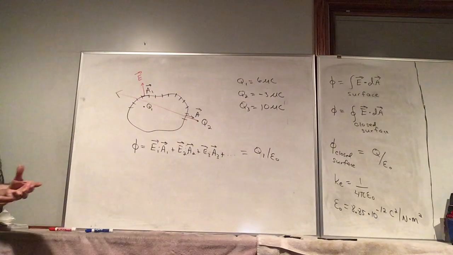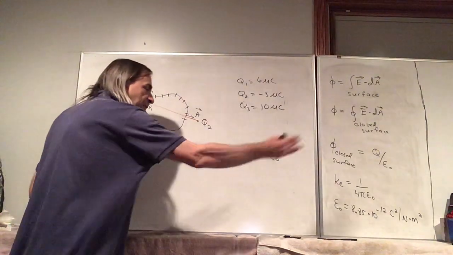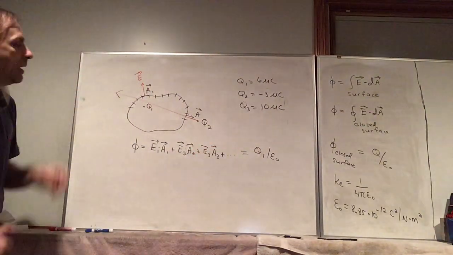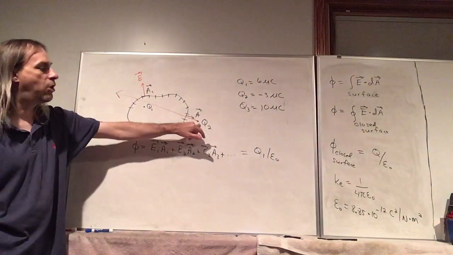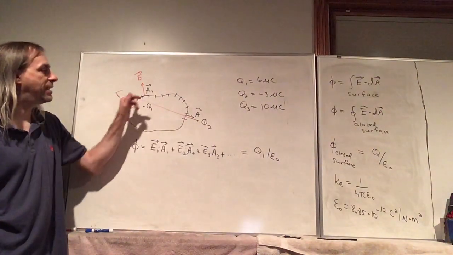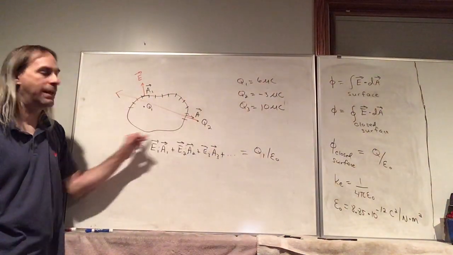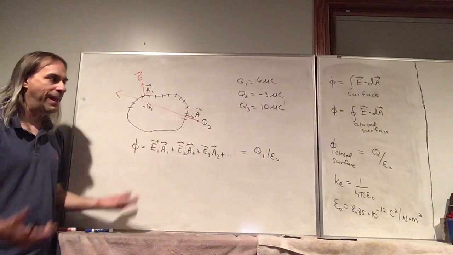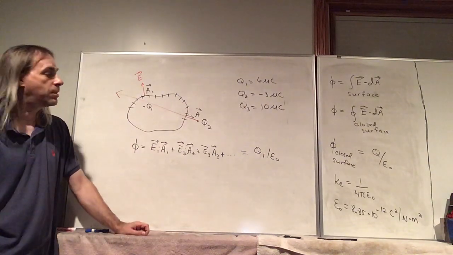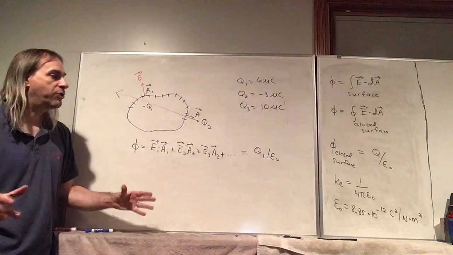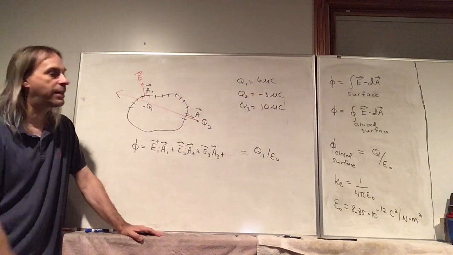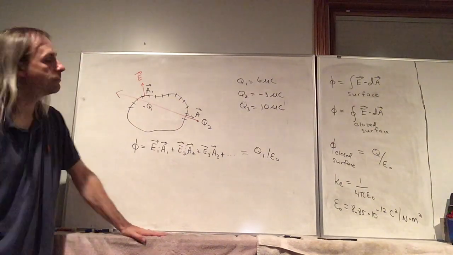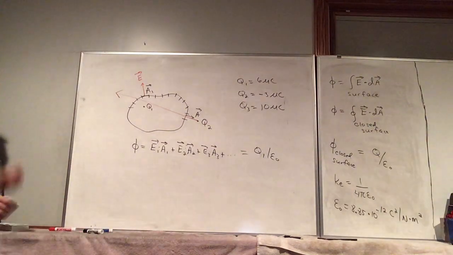And it's going to do so in a way that they just perfectly cancel each other out. So the presence of this charge outside affects the electric field everywhere on the surface, and so you would think that this would have an effect on the flux, but it doesn't. Any charge outside has no effect at all on the flux. So yeah, that's a really remarkable thing there.